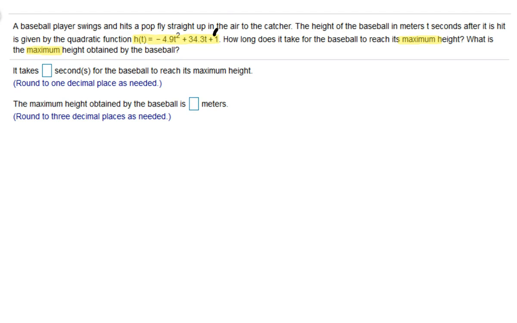So this equation is a quadratic. What we know about quadratics is that they have graphs that are parabolas, and the parabola is either going to be facing up or facing down. Because of the negative in the front, we know that the parabola is going to be facing down.